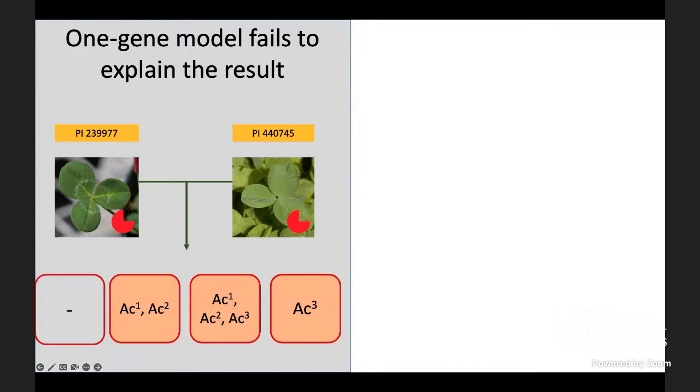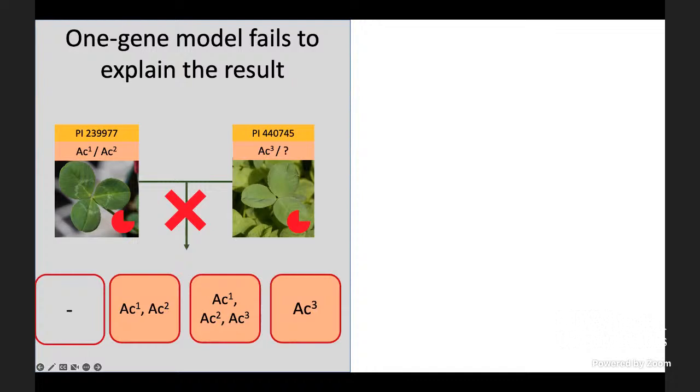The best inference of the parental genotype could be something like this one, but even the best inference fails to explain the result, because if one parent is homozygous for the AC gene, all the offspring should have an AC plus phenotype.